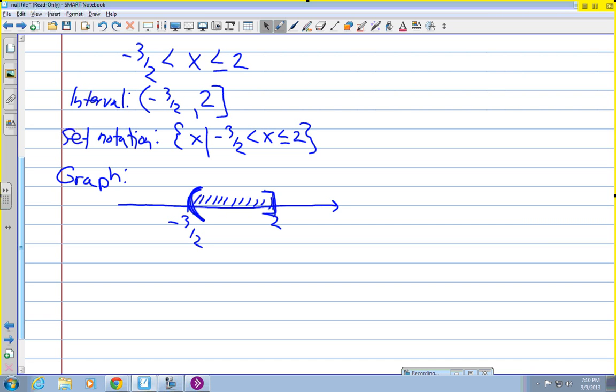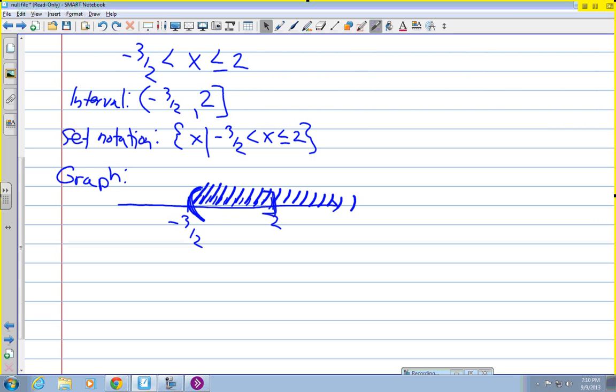Does that make sense? This is really an intersection of two sets, by the way, because we're asked to solve an inequality where x is greater than negative 3/2 and less than or equal to 2. Okay, so it's greater than and less than. Because if I do this with the magic pen really fast, everything greater than negative 3/2 is this set right here.